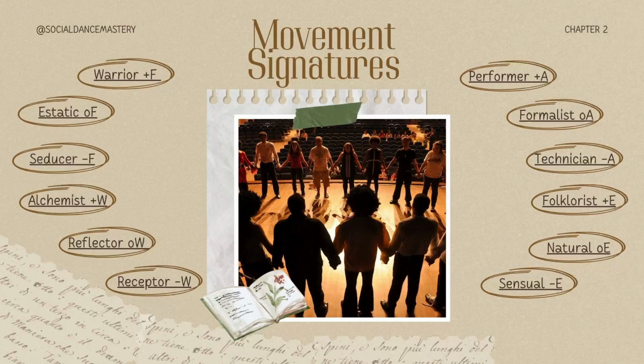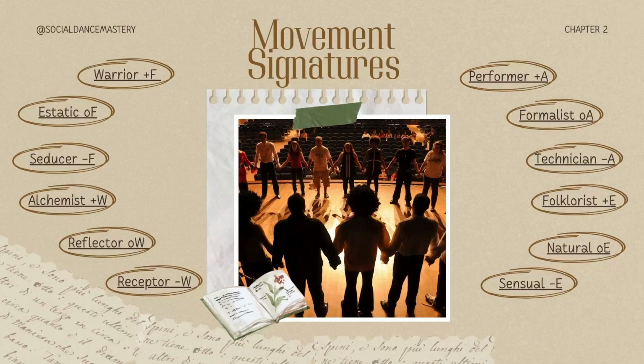That means it's going to be 12 in total. 12 specific fingerprinted movement signatures. These signatures are like archetypes or a personal movement fingerprint. For example, a positive fire dancer might embody the warrior, while a negative water dancer expresses the alchemist.